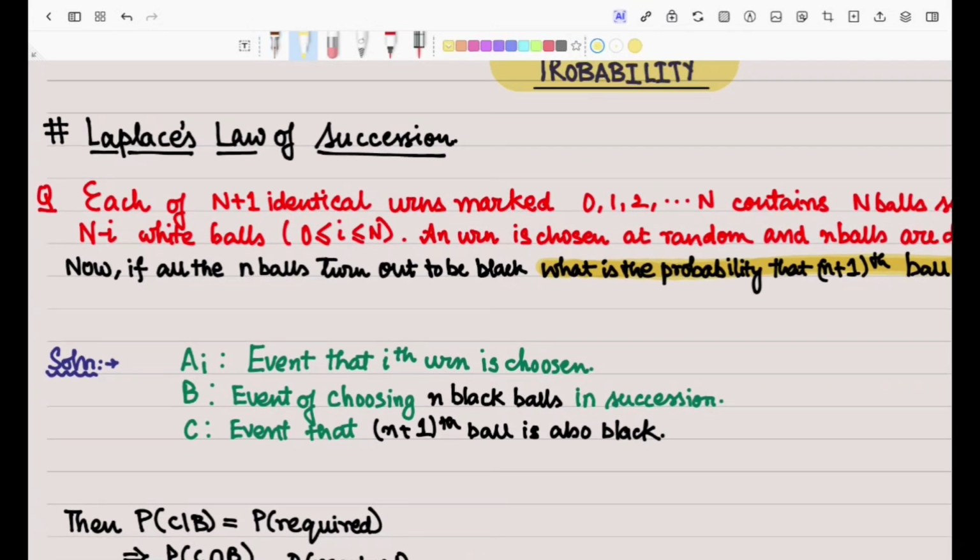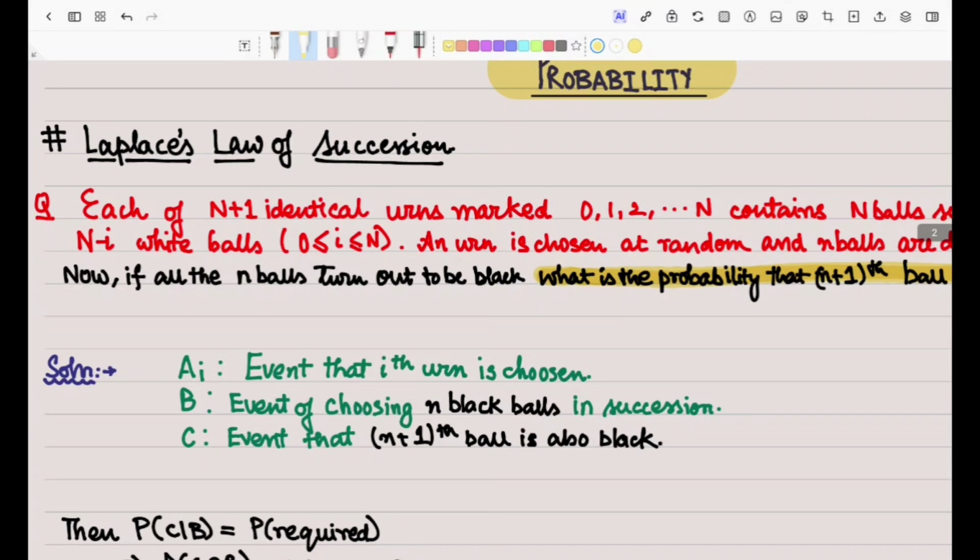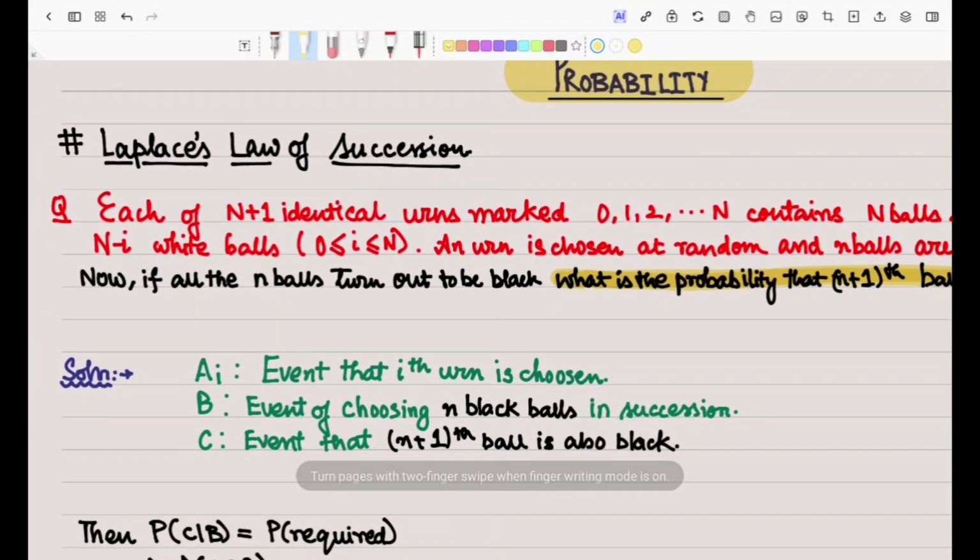The first event is that the ith urn is chosen, the event A_i. I choose the event B as choosing n black balls in succession, and the event C as the n plus 1th ball is also black. These are the three events.